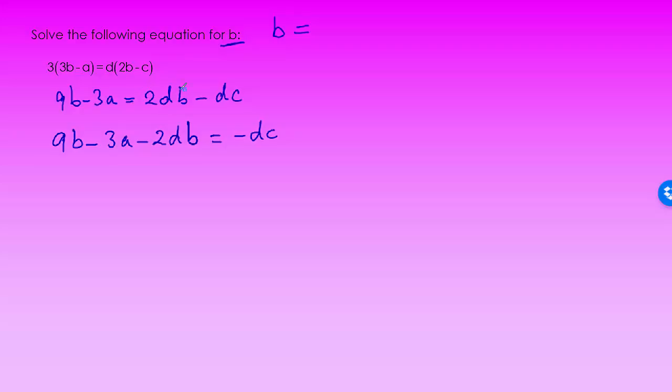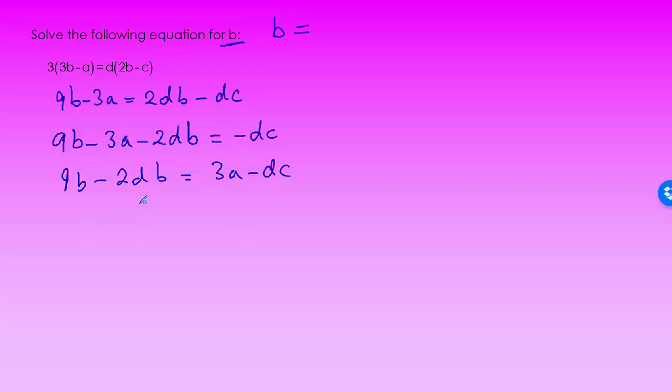By subtracting 2db off both sides, I've got rid of this one. Now let's add 3a to both sides. So that negative 3a here is going to disappear. But we've added 3a to both sides, so we need 3a on this side.